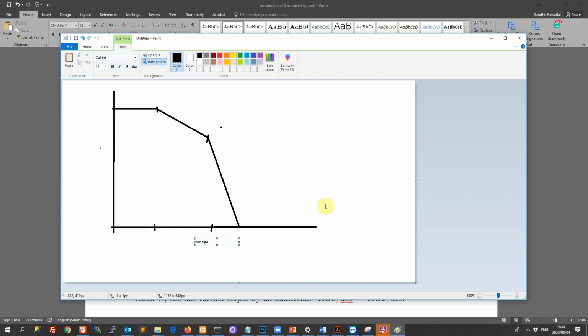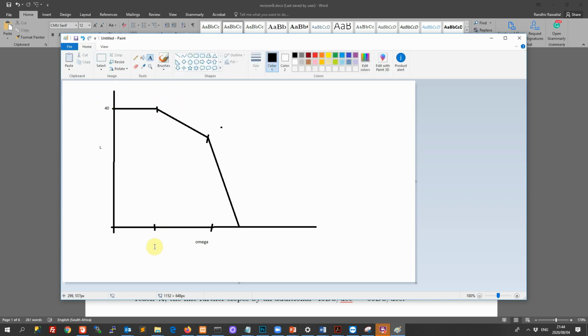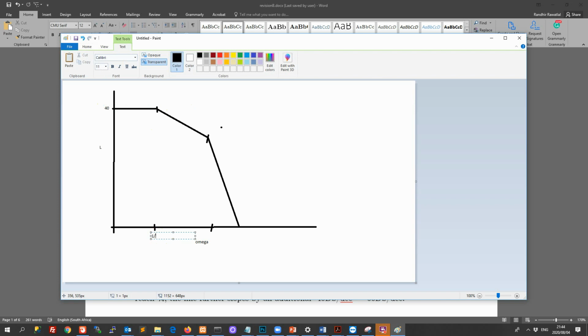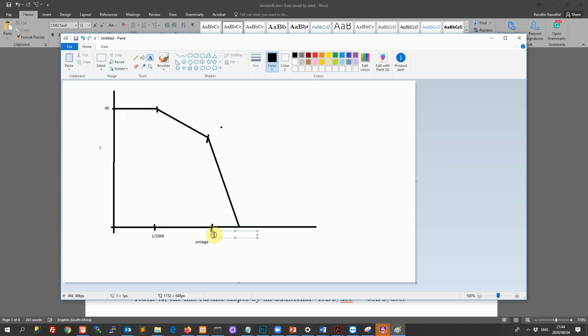I don't think I can do the Greek symbols here without a lot of poking around. So here, this is at a value of 40. And then this is a value of 1 over 1,000. And this is a value of 1 over 4.